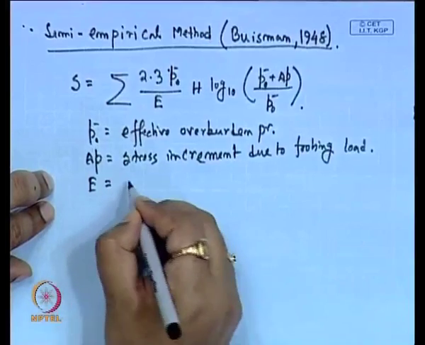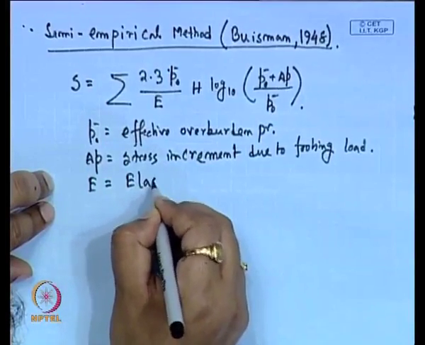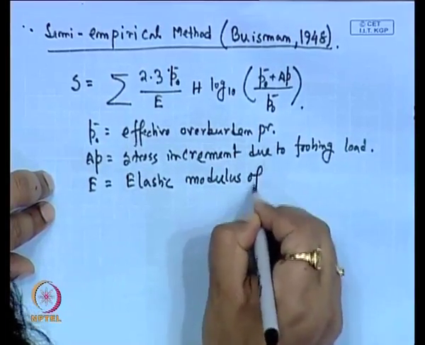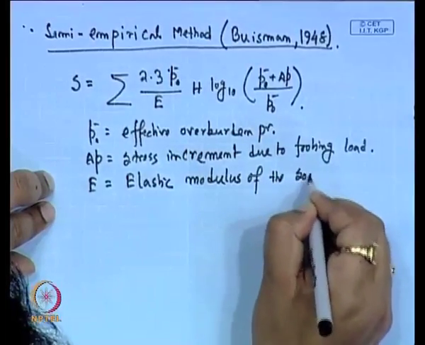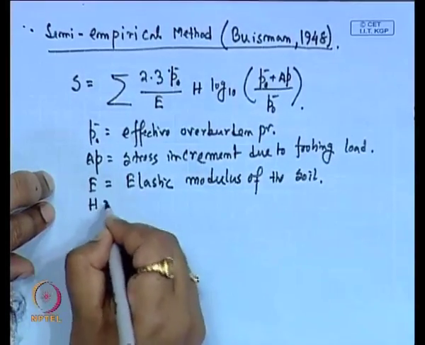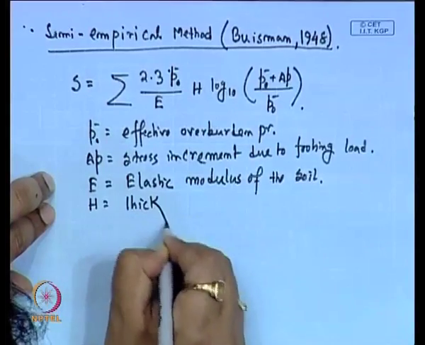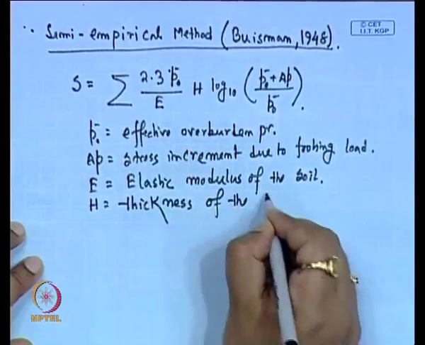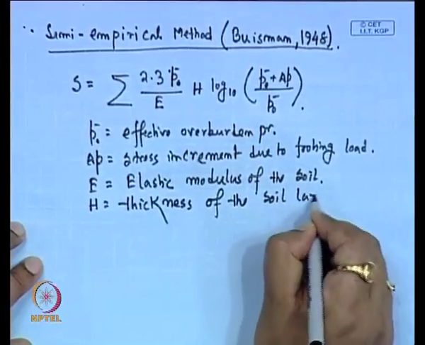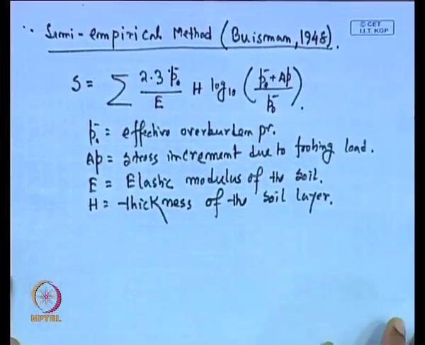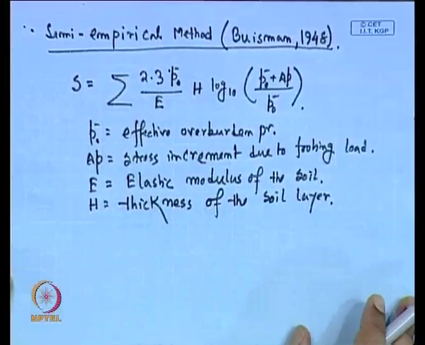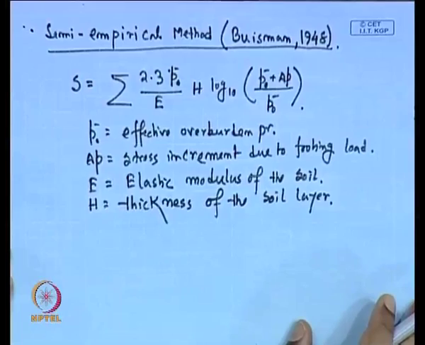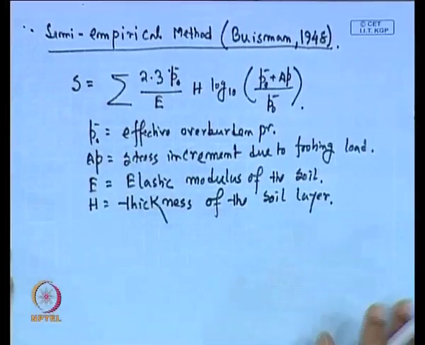E is the elastic modulus of the soil, and H is the thickness of the soil layer. So, by using this semi empirical expression also we can determine the settlement of the granular soil.